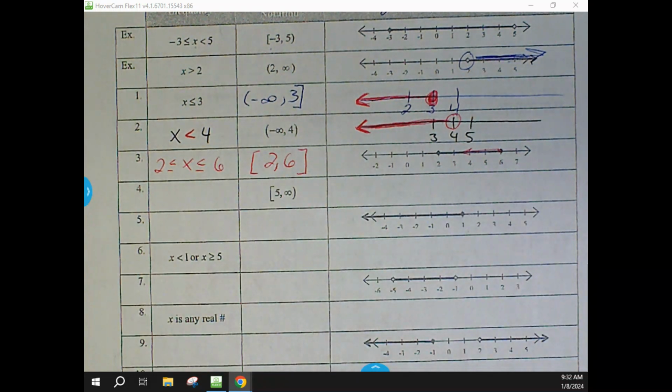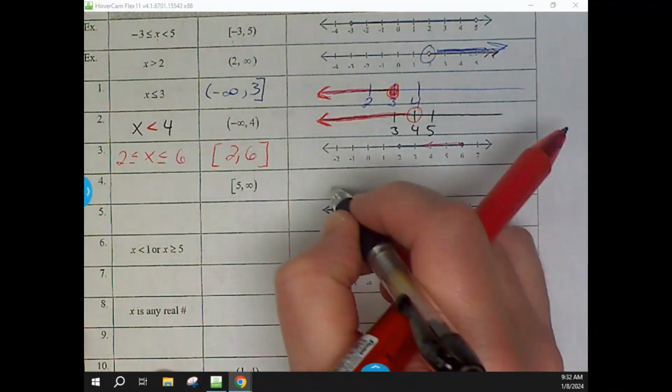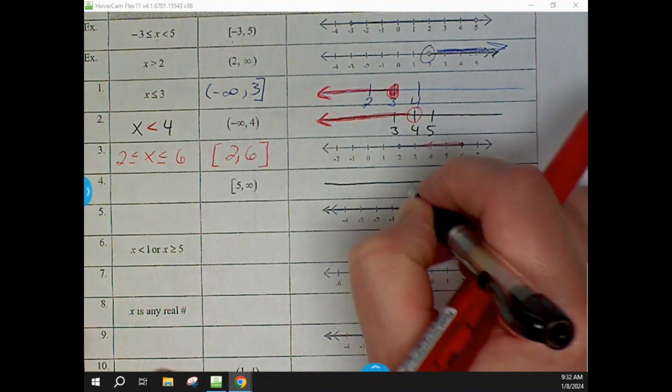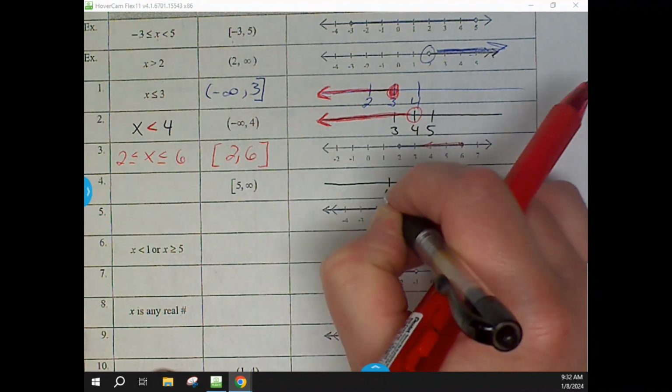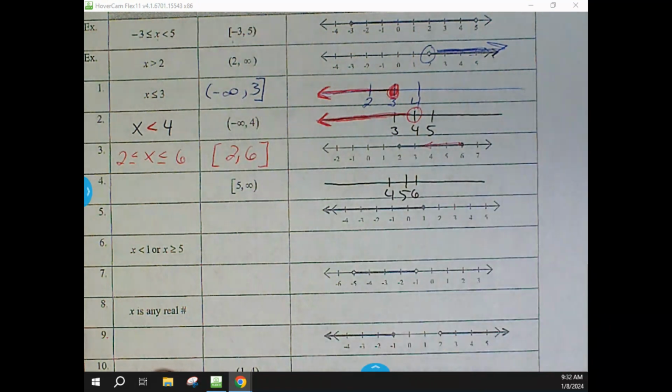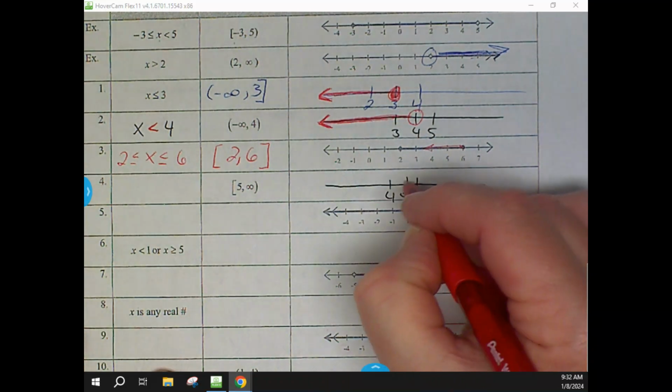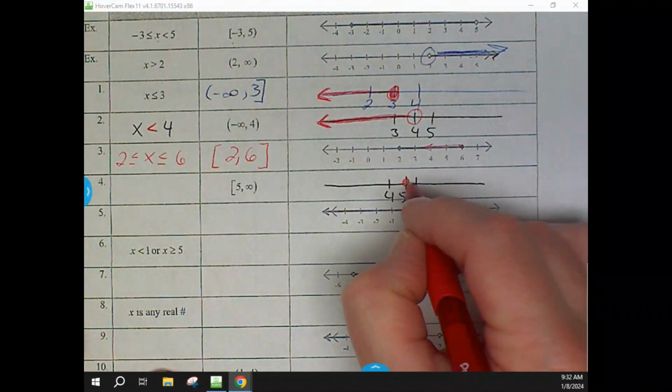Okay, number 4, we've got 5 to infinity. Sorry about that. 4, 5, 6. Lowest number is 5. It's a square bracket, so it's a solid circle. We're going out to infinity, which is that way.